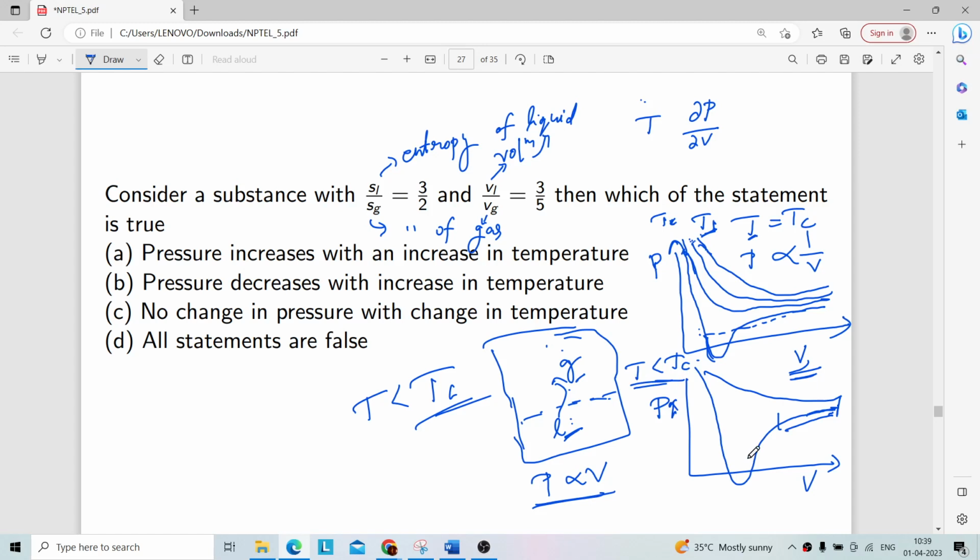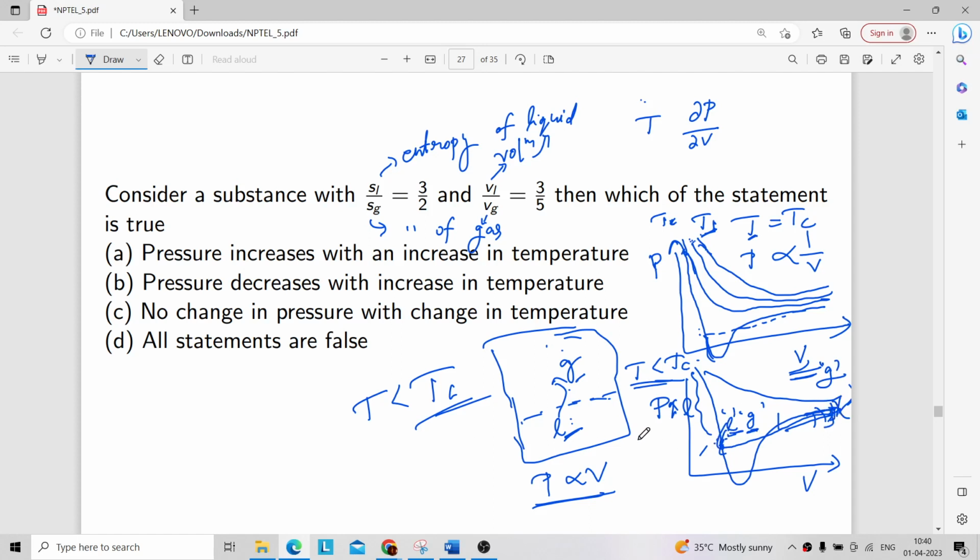For that we can draw some approximate line to interpret that in this region the state of the system can be in both states, that means the molecules can be in liquid state or gas state. In this region they are in liquid state, and in this region they are in both liquid and gas state, and after some distance they will go to gas state.